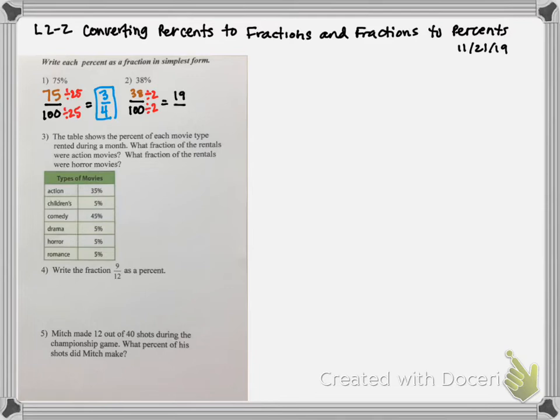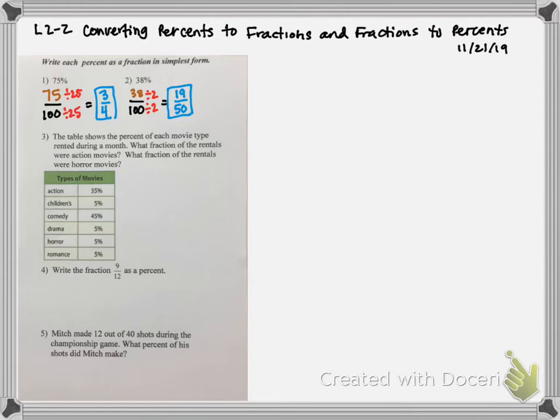And 2 goes into 50 25 times. 19's prime. Oops, sorry. Let me change my color. What was I thinking? 19/50ths. And that's as far as that answer can go. Okay? That's how simple it is to convert a percent to a fraction.